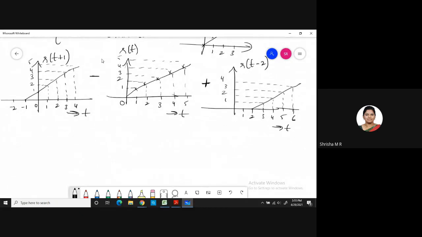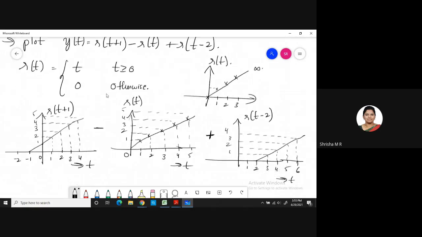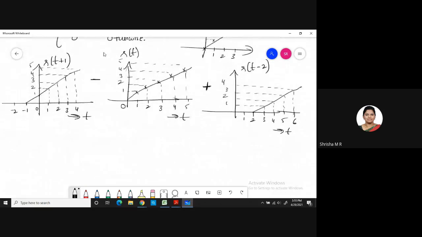So we will try plotting this signal. We have R of t plus 1 minus R of t plus R of t minus 2. I will go slow now. You people try to listen here. I'll draw our original waveform. This is y of t, which we have to plot now. That is nothing but R of t plus 1 minus R of t plus R of t minus 2.